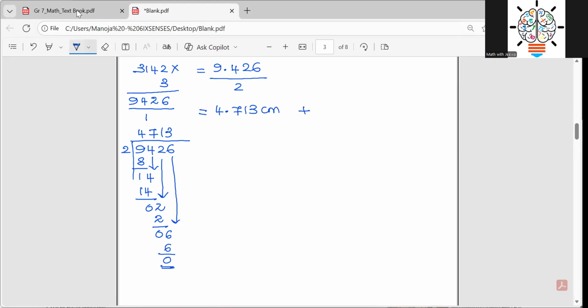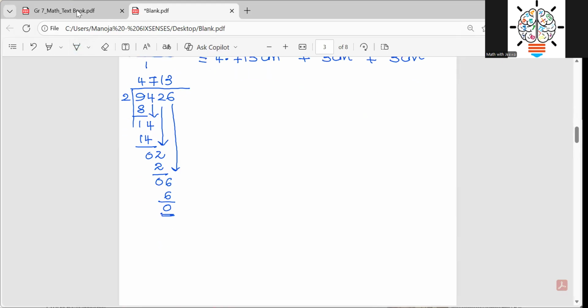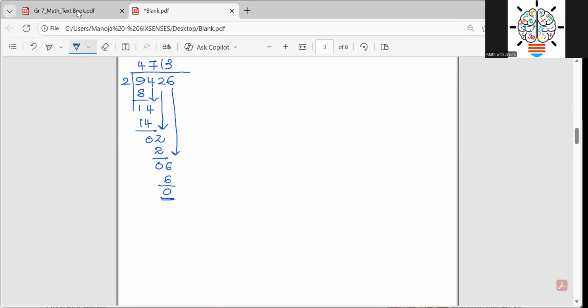For this, you want to add 3 centimeters and 3 centimeters, the straight parts, right? So then if you need, you can continue: 4.713, 3 and 3. If you need, you can put the zeros here as it's easier for you to do the addition.